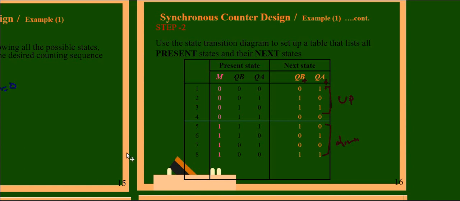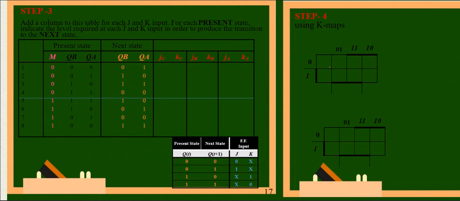Next, we see how the excitation table can be designed. We are doing the excitation table for the JK flip-flop. If it changes from one state to another state, what JK inputs are required for that? Here first we discuss the QB portion: how QB changes to QB plus.